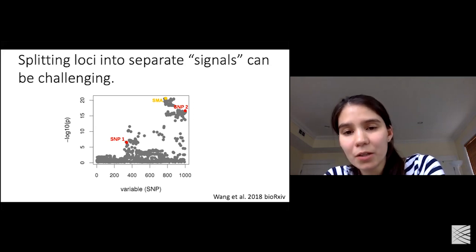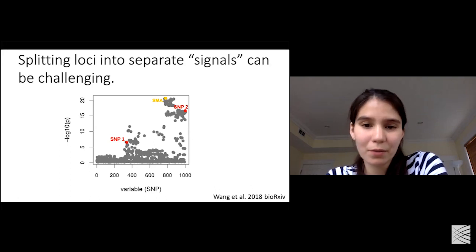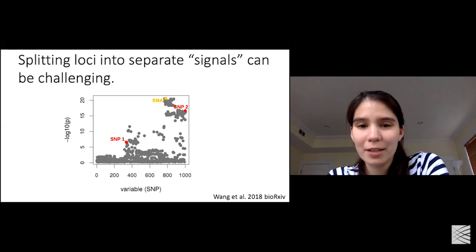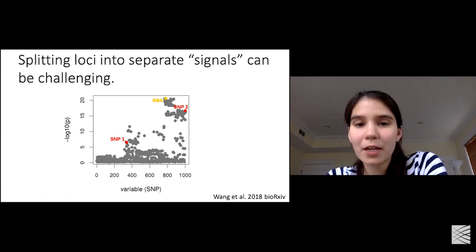If you did conditional analysis here, you'd start by conditioning on the yellow SNP, but that wouldn't properly kill either of your signals, because the idea that your top variant is in high LD with a causal variant is violated in this particular case.